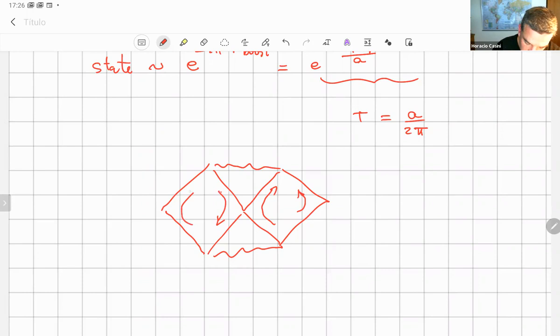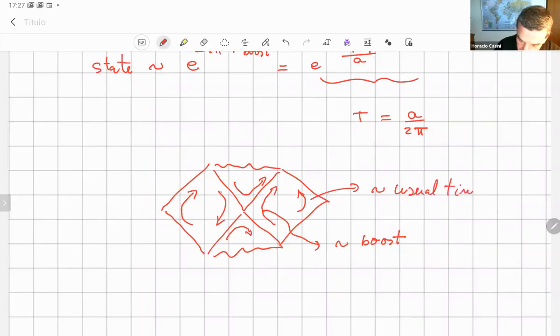It moves points in this manner. Well, very near the horizon, this is approximately proportional to the boost, and very far away it is proportional to the usual time for asymptotic observers.